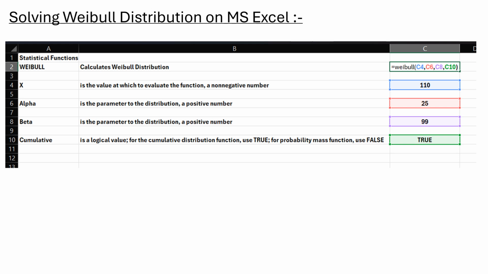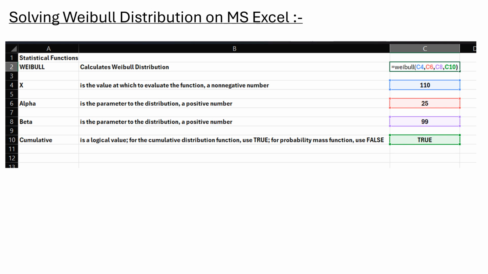Again, beta is also a parameter of the distribution, which is a positive number. We have to again describe its positivity very clearly. And cumulative is a logical value for the cumulative distribution function. For cumulative distribution function, we have to use true. For probability mass function, we have to use false.